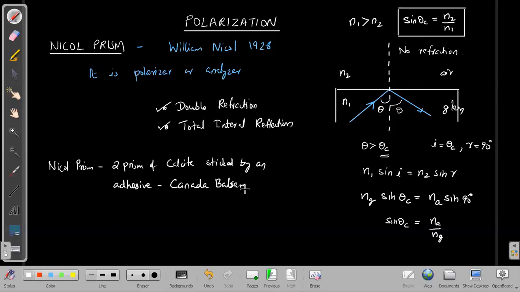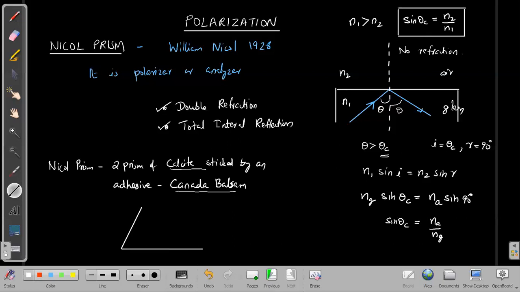So why we use Canada balsam? Why did not we use a usual Fevicol? So that we'll see later. Okay. So for the time being, just remember these names. So Nicol prism consisting of two calcite prism and they are sticked by the adhesive called Canada balsam. Okay, so there is a very important point here. So we'll see now the schematic diagram of Nicol prism we can see here.